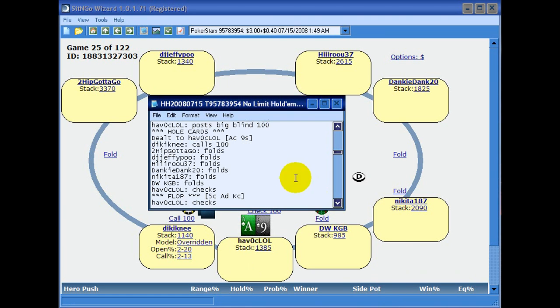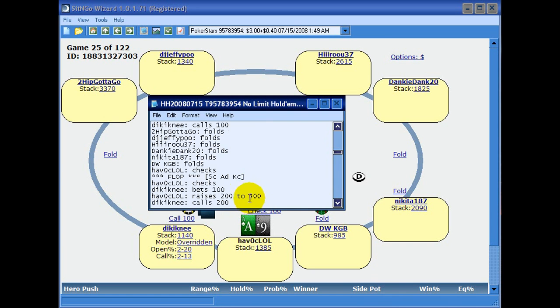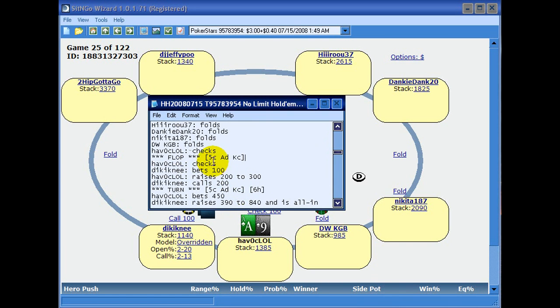And the flop gives us a very nice ace 5 king with 2 clubs board. And because there is a flush draw out there, I check raise to 300. The pot at the time was 250, and he bet 100. So check raising 3 times his bet to 300, and he called us.